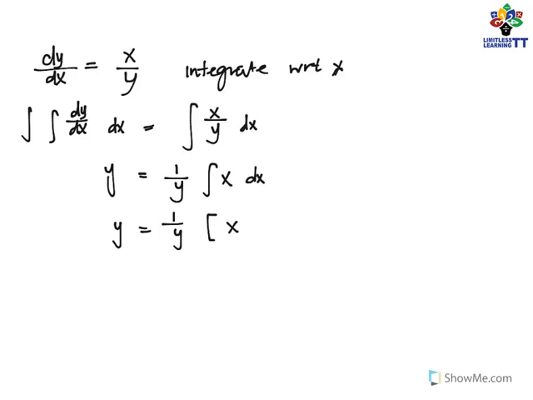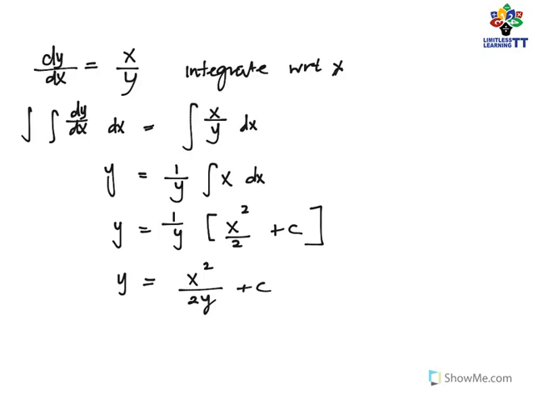x squared over 2, right, plus c, because it's an indefinite integral, sorry. Great, so I now have that y is equal to x squared over 2y plus c, right?